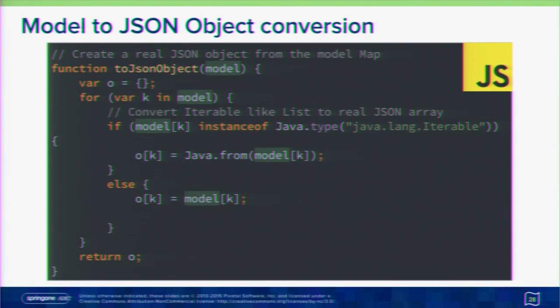So with this sample function, I'm converting a Java map to a real JSON object. And if I find something that is an instance of Iterable, like a list, I convert that into a real JSON array. That allows us to have a real JSON object to pass to the template technology.